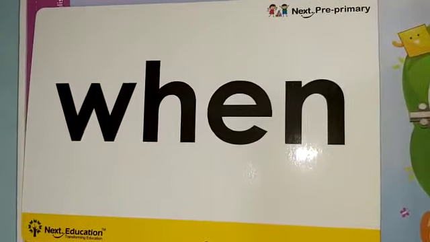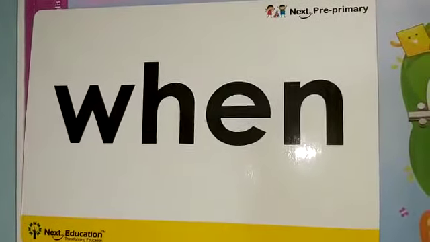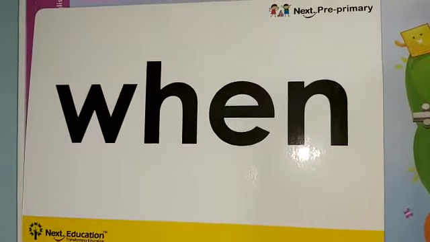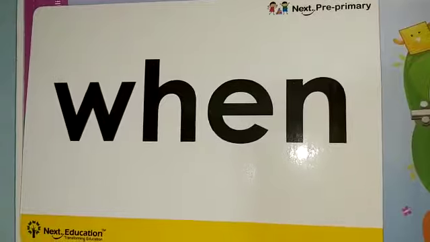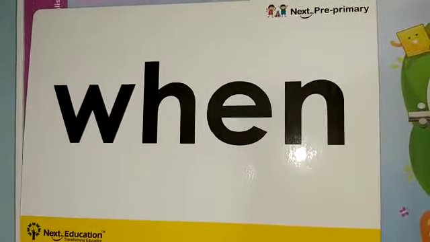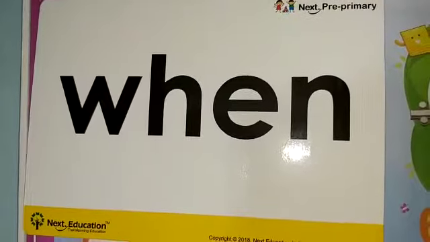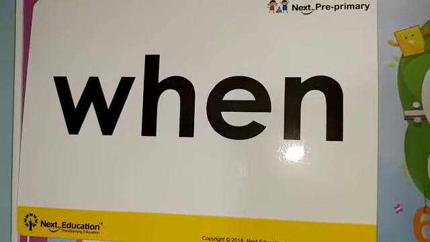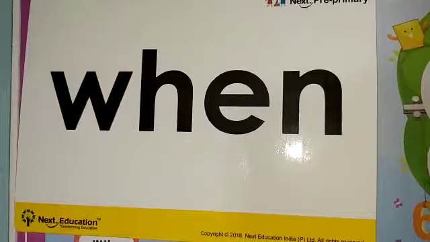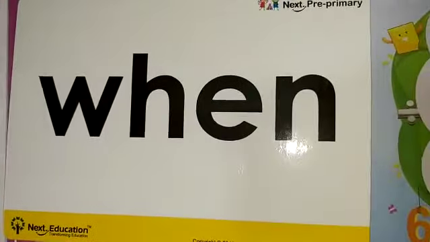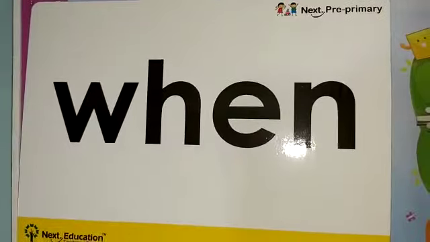The sentence is, when are you coming home? Okay? So, in this sentence, what is the sight word? When. In the same way, we are going to study all the sight words and we will find that these words are found in the sentence, sometimes in the starting, sometimes in the middle and sometimes at the end.